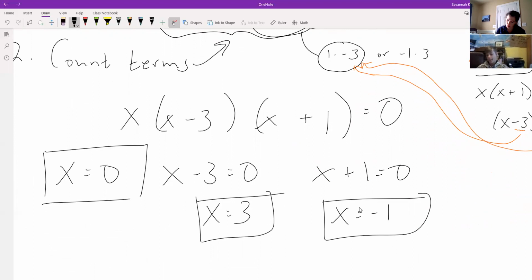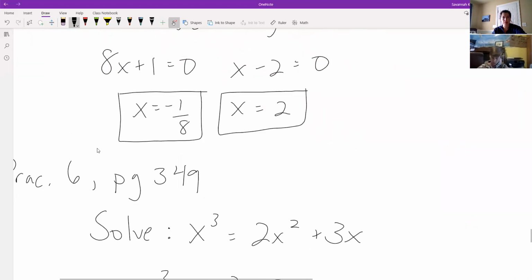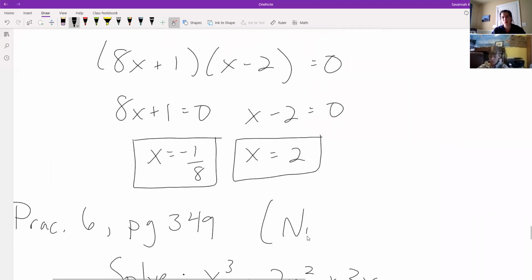You know what? No, let's just say this type of thing will be practice 6, not on test. I'm not immediately seeing a homework problem that I can guarantee is close enough to this. So it's not close enough to this. I don't want to do it.